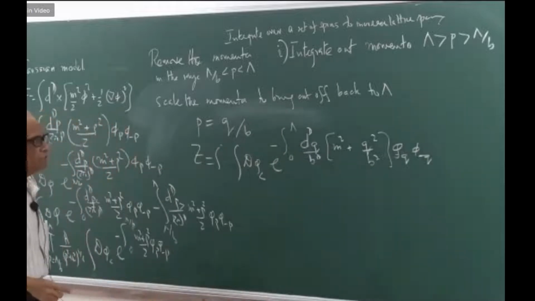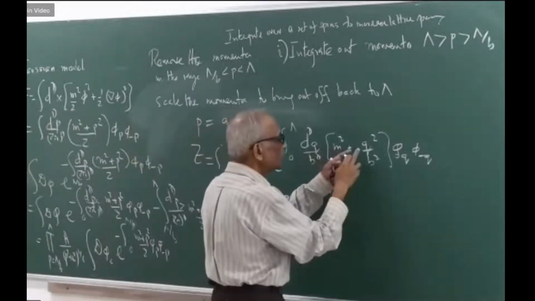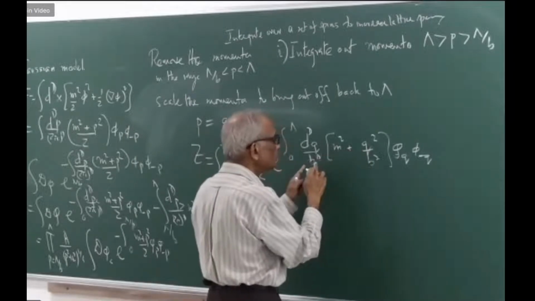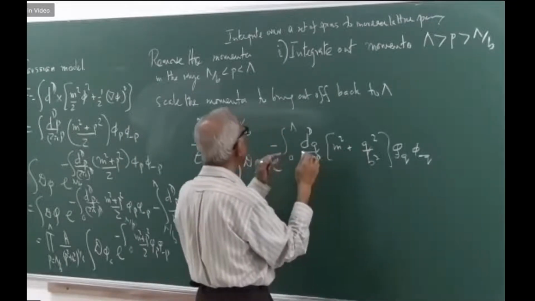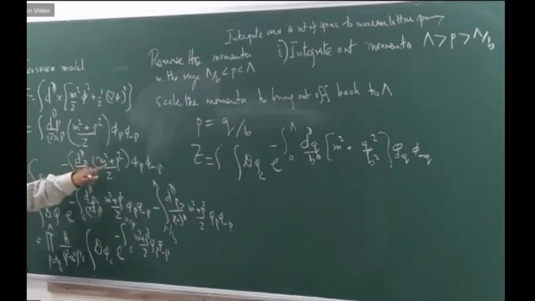So that's where we are, and now the point is, in order that I can compare the m's, the coefficient of this p square has to become exactly the same.